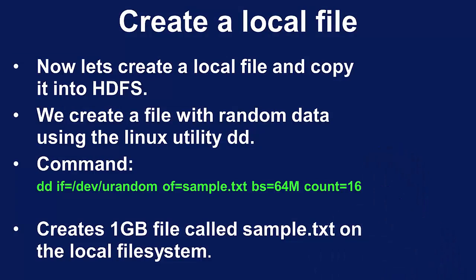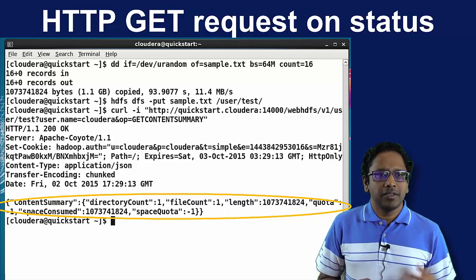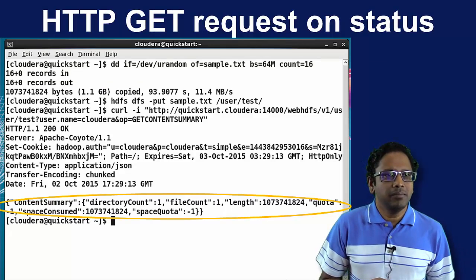So let's do some other operations now. Initially we will create a local file, just like in the previous module. We basically use dd. This is a Linux utility that lets you stream data. So you're streaming it from /dev/urandom into the sample.txt file. Essentially we are creating a 1 GB local file here. Again, I have a snapshot from the quick start VM.